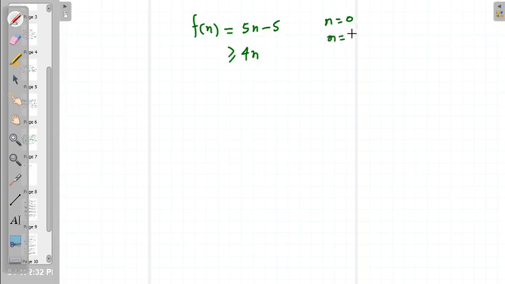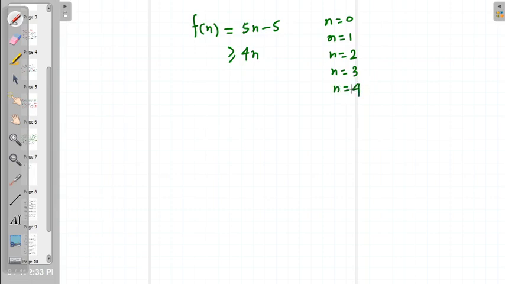So n equals 1: 5 minus 5 is 0, and this is 4 times 1, 4, not satisfying. So n equals 2, this is 10 minus 5, so this is 5 greater or equal to 8, still not satisfied. n equals 3, this is 15 minus 5, that is 10, greater or equal to 12, not satisfying.